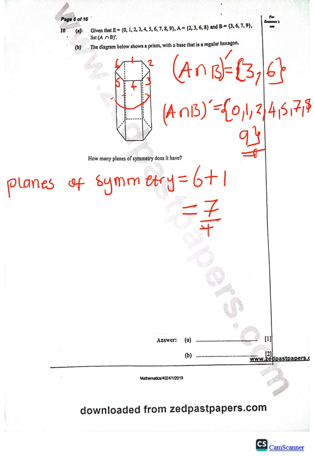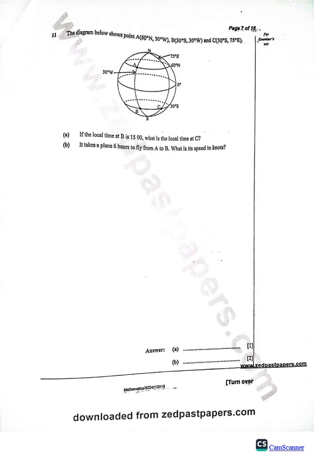So this is how you can deal with a prism like this one. Now you should be going through most of the past papers so that you can see how this question comes and how you handle it. For a question like this one, you just count the number of sides plus 1, since we can cut it in the middle part. Now we move on to question 11.